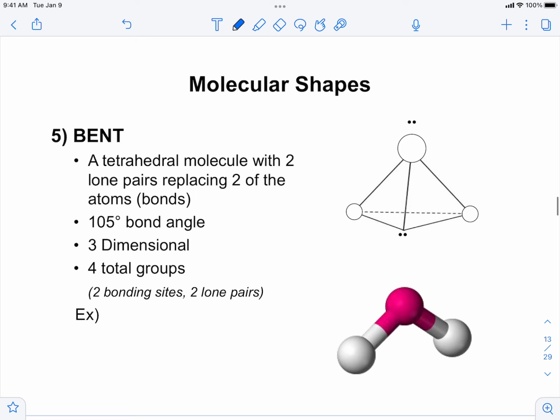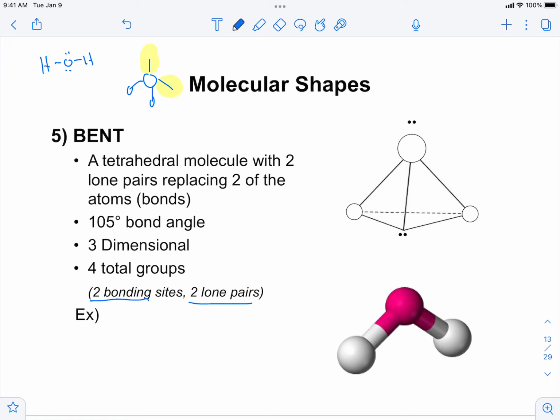Well, what if we have 4 total groups, like water, but you only have 2 bonds and 2 lone pairs? Well, your basic electron pair geometry is still that like a tetrahedral, but instead of having bonds, you've got lone pairs instead.